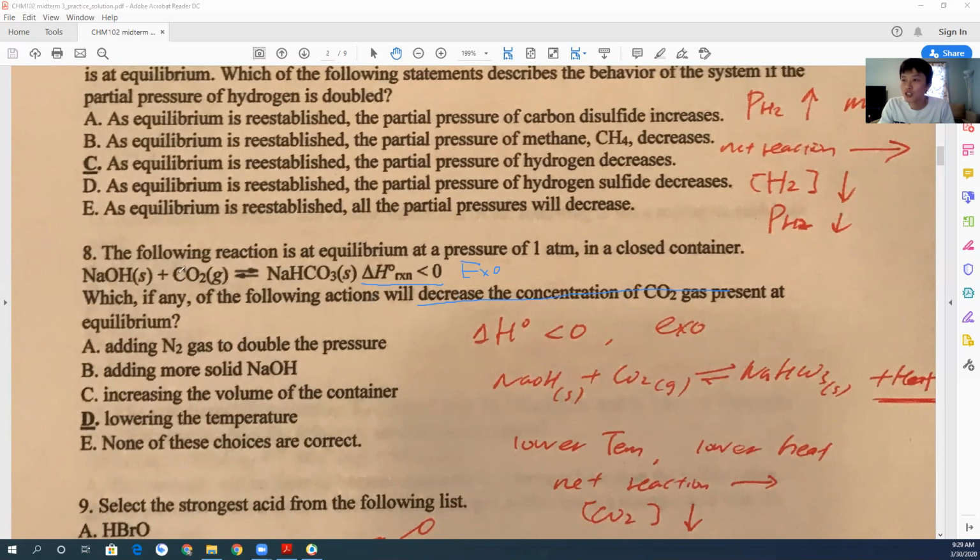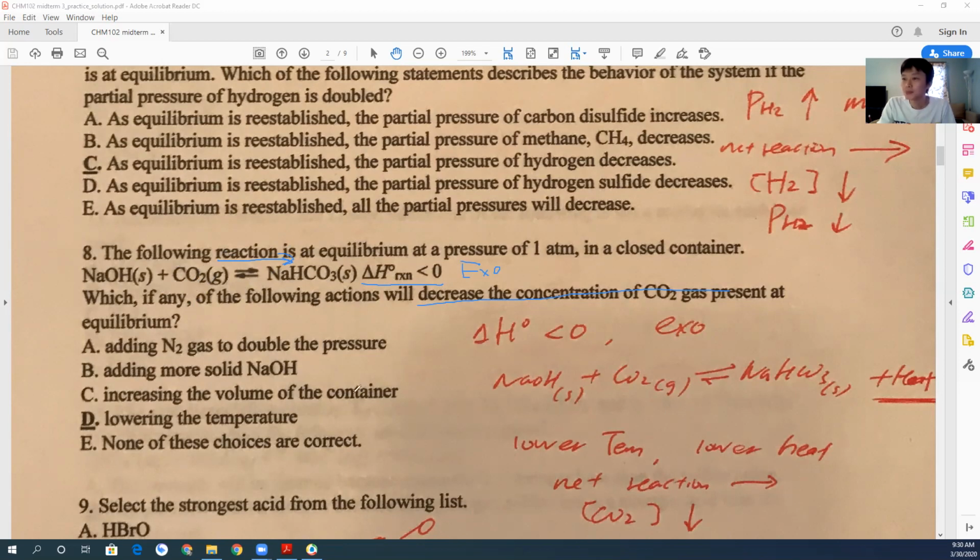So we want the concentration of CO2 to decrease, meaning that we want to consume it. So we want to change some reaction condition to further consume this CO2, meaning that we want the reaction to proceed to the right. If the net reaction proceeds to the right, that means the CO2 will be consumed.